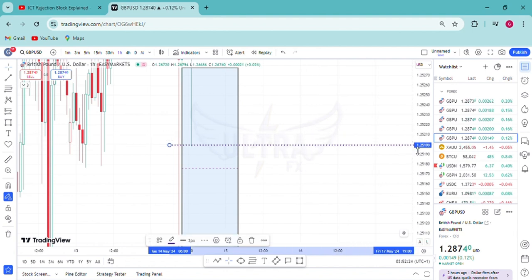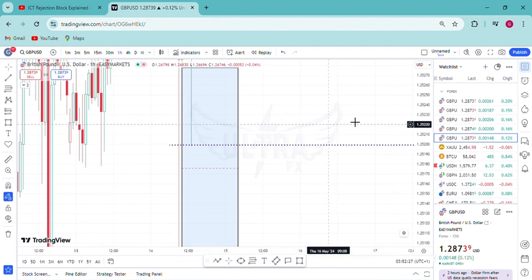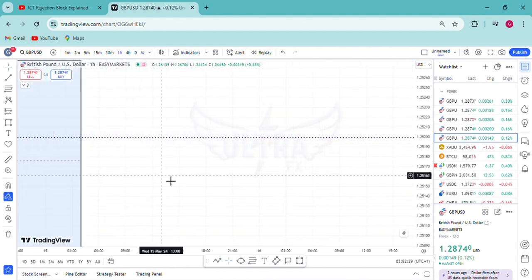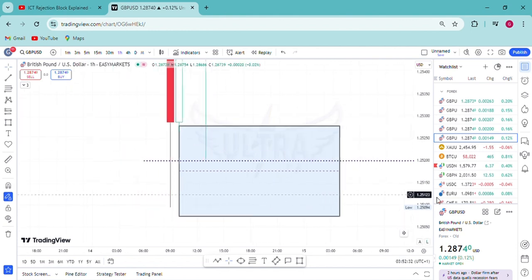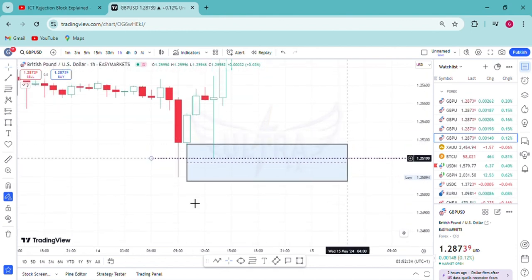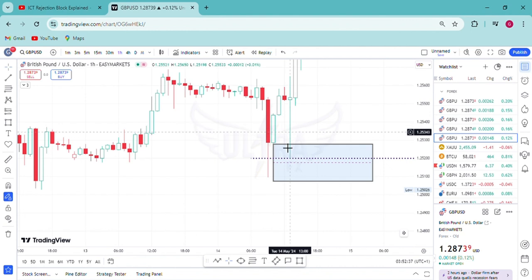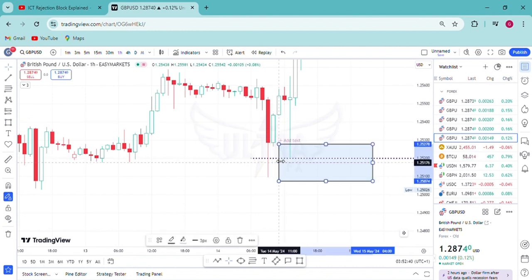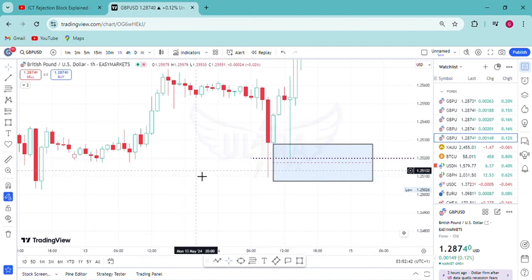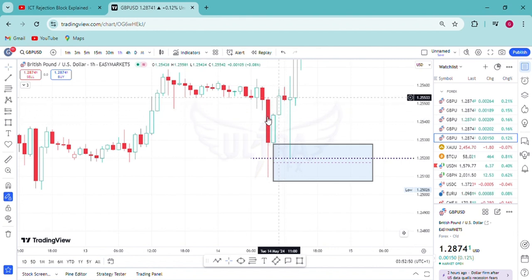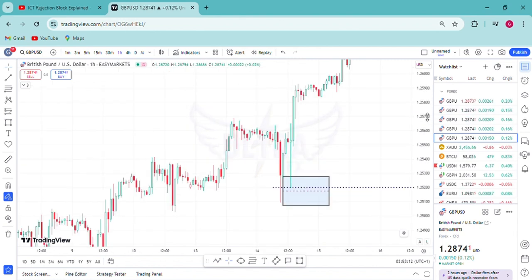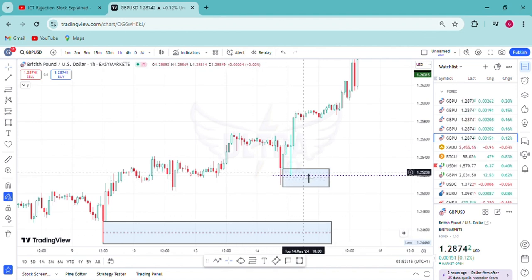Perfect. Price rejecting off of that number. So once price rejects and gives you a long wick, just know that there's something there the price is scared of. So now price comes in, enters the rejection block, and bear in mind that there is a fair value gap here. So we have two scenarios here, which are the rejection block and the fair value gap.